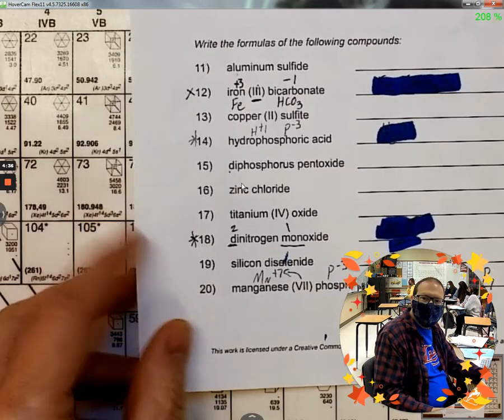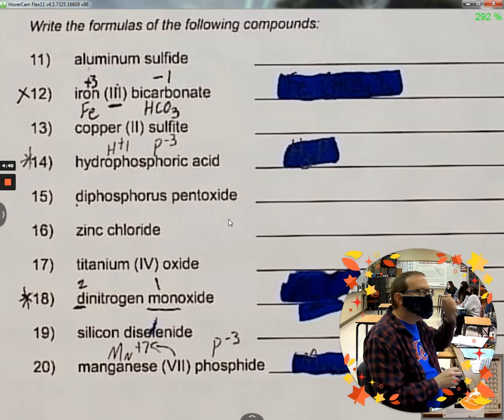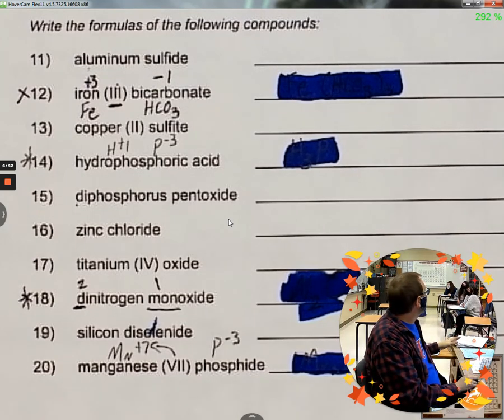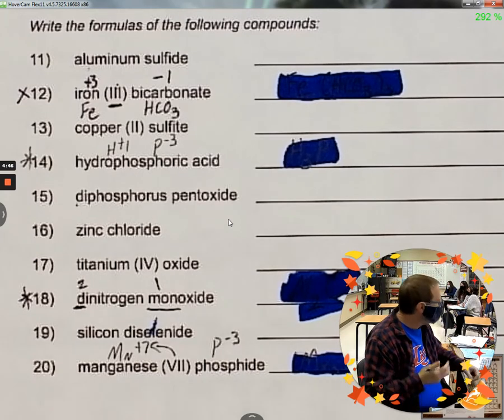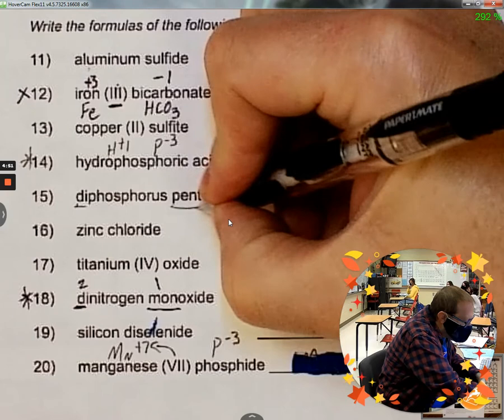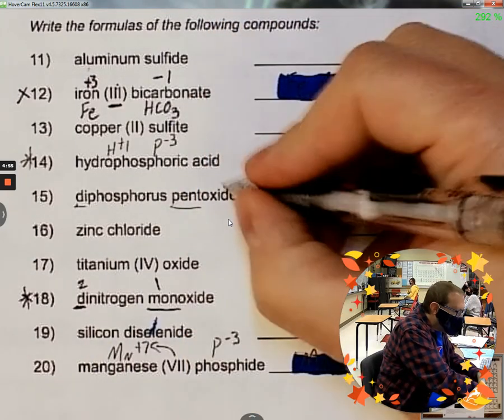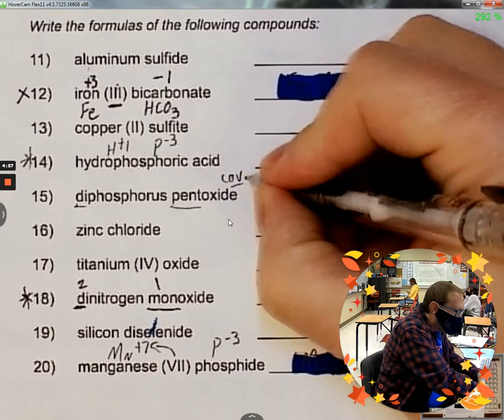Okay, I love it. 15, diphosphorus pentoxide. Now, the first thing that should stand out to you right there is we've got prefixes, right? Got the prefix di. You've got the prefix pent. Anytime you see prefixes, that should tell you that you're doing a covalent compound.